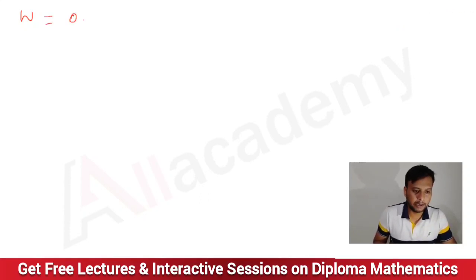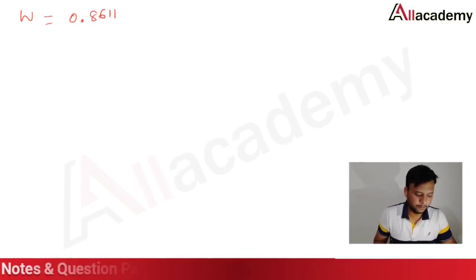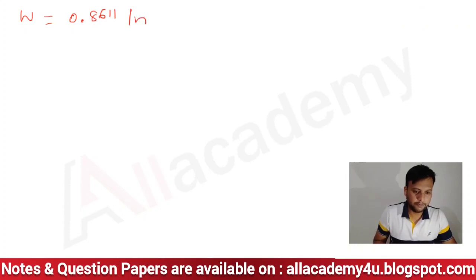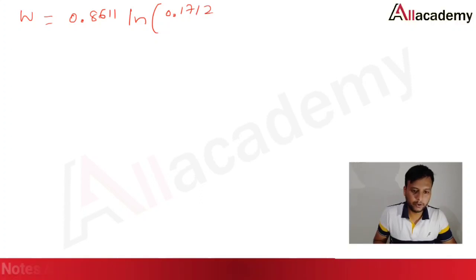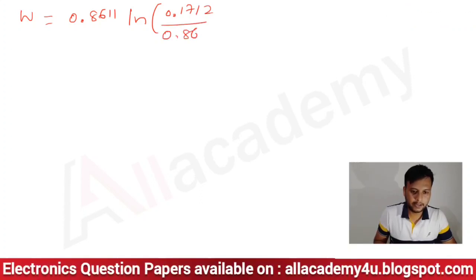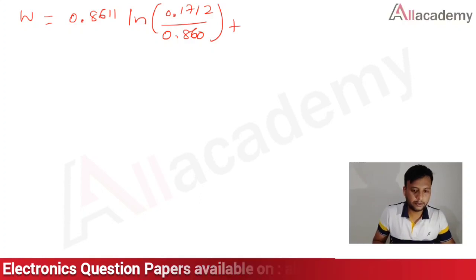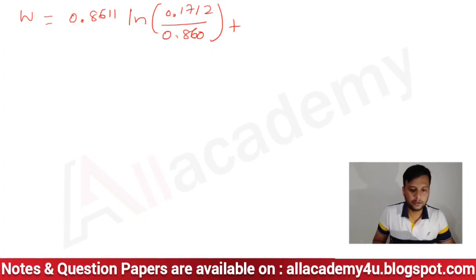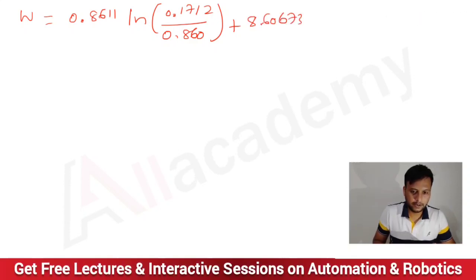So that will become 0.8611 ln V2 by V1, which will be 0.1712 divided by 0.860, then plus 8.60673 into 10 raised to minus 5.